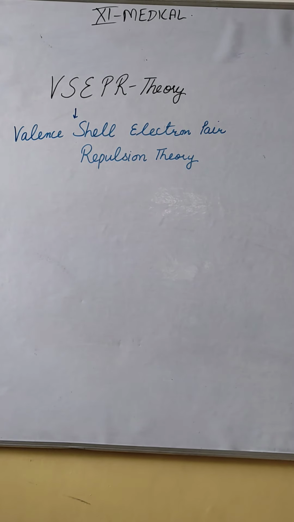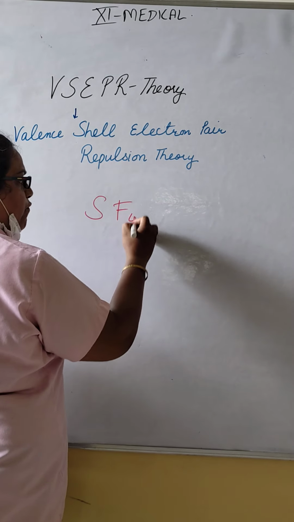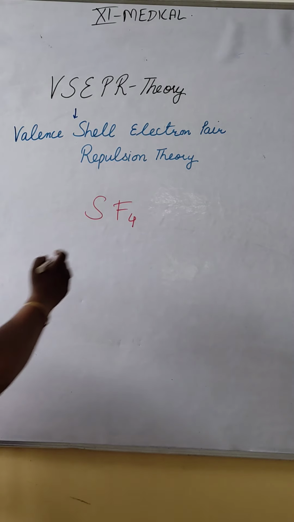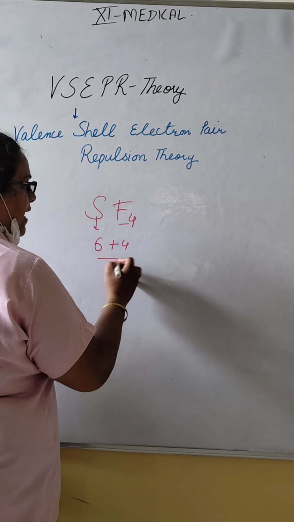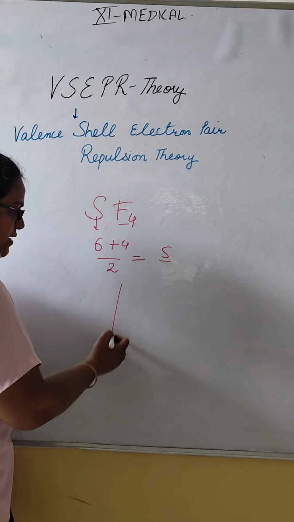Next, draw the shape of SF4. How many valence electrons does the central atom have? 6. How many monovalent atoms? 4. Divide by 2. Comes out to be 5.